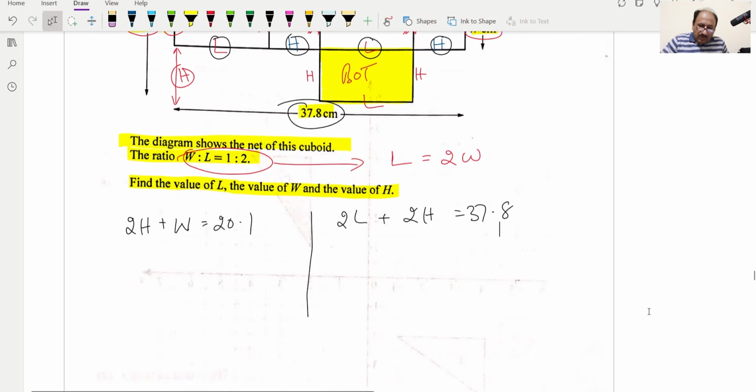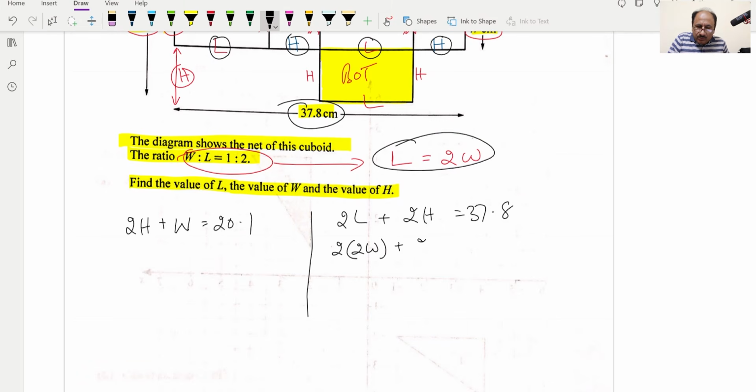Now we also know that L is equal to 2W, so we'll write here 2W plus 2H is equal to 37.8. So it means 4W plus 2H is equal to 37.8.